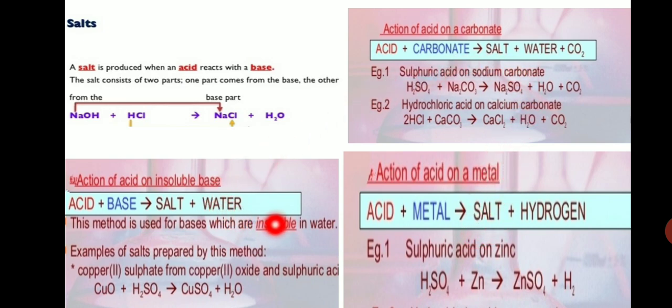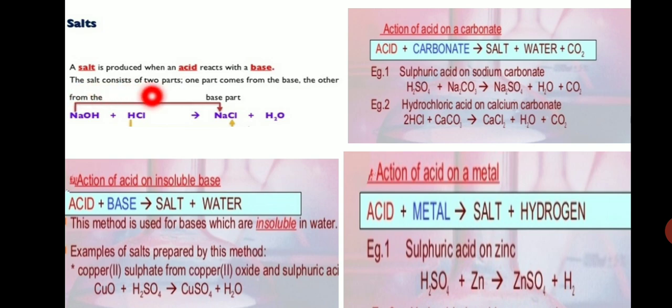How are these formed? Due to the reaction of an acid and a base, or an acid and a carbonate, or an acid plus a metal. So a salt is produced when an acid reacts with a base. Here the carbonate acts as a base, and here the metal acts as a base.